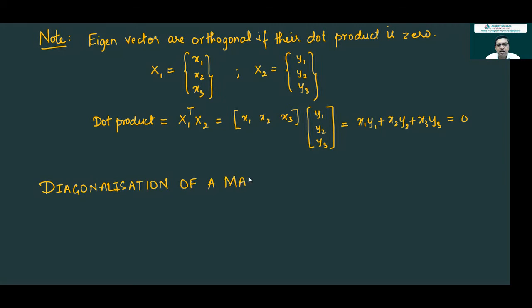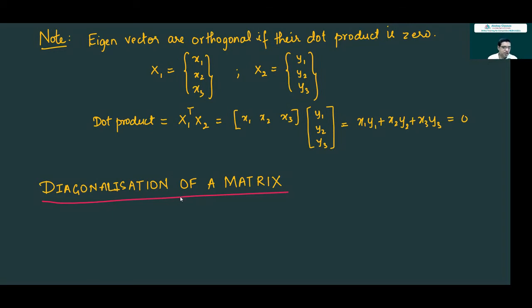That means converting a matrix into a diagonal matrix. This is a diagonalization of a matrix. Sometimes it is written as S, or Z also in some cases.